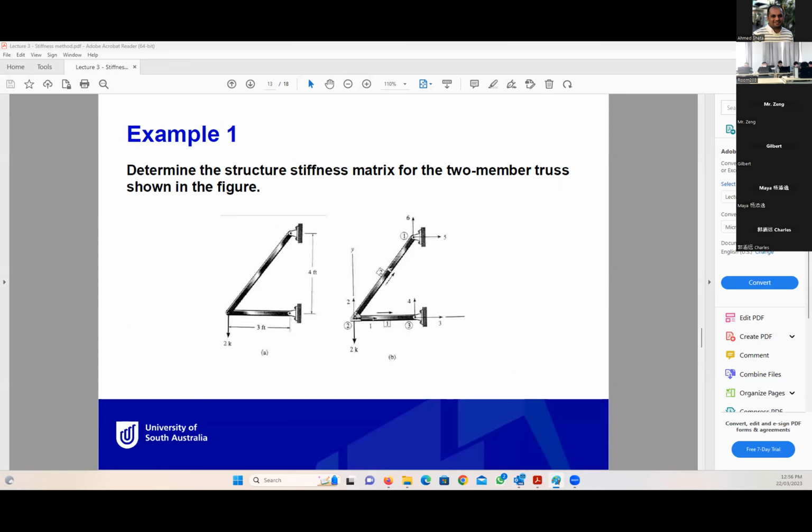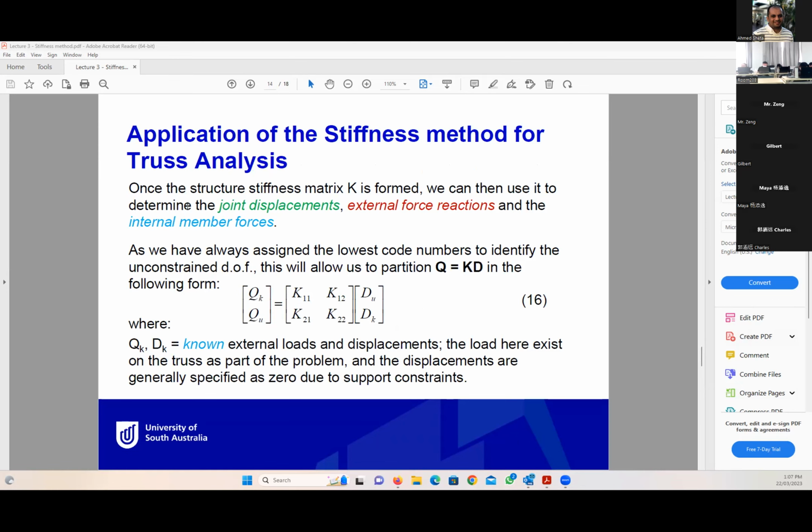Now we need to learn how, after constructing the global stiffness matrix, to get the unknowns, the displacements and the forces Q. So once the structure stiffness matrix K capital is formed, which we have already done, we can then use it to determine the joint displacements, external force reactions and internal member forces.